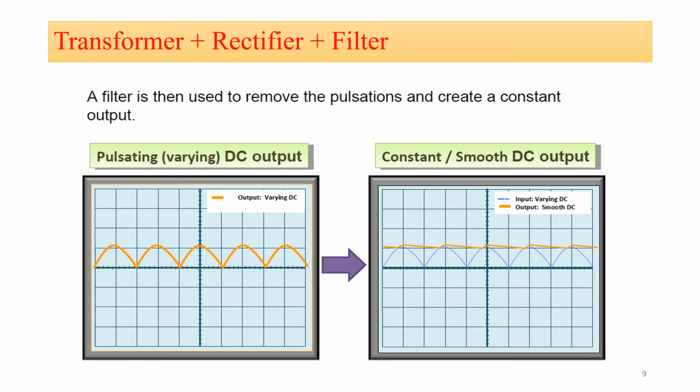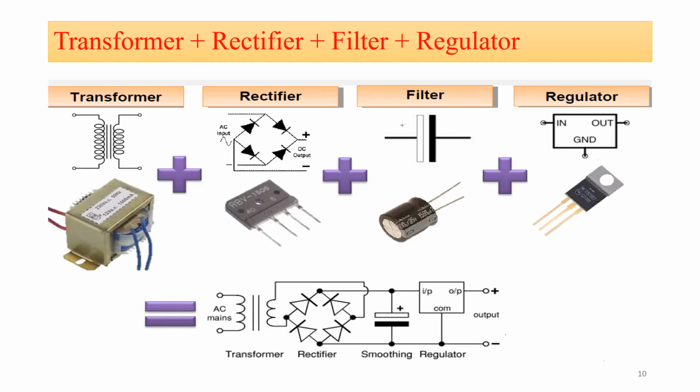AC components are removed by using your capacitor filter, and you are getting pure DC but unregulated output of the filter.